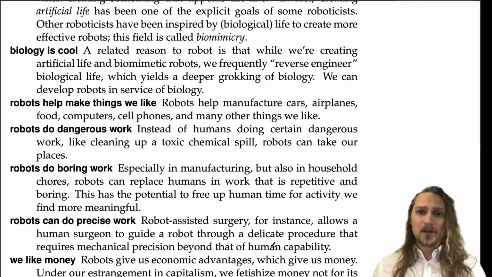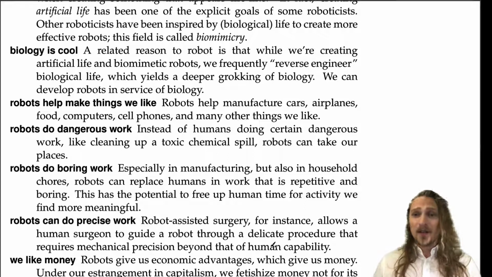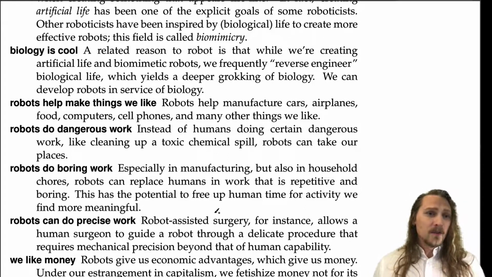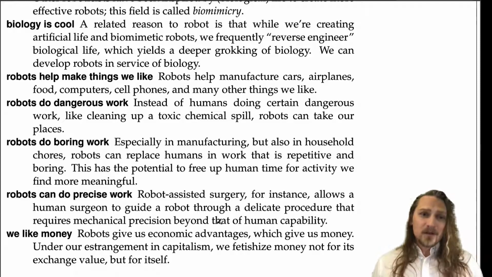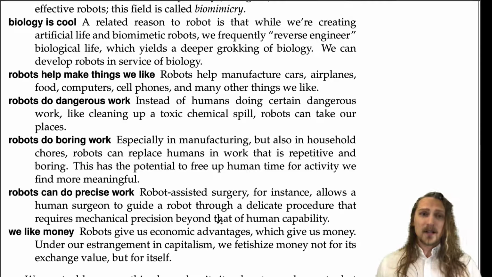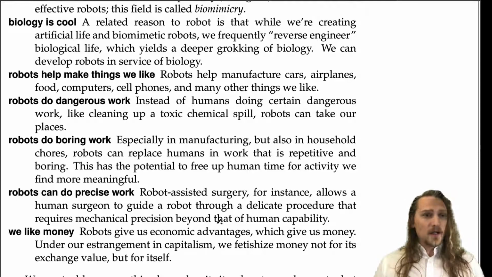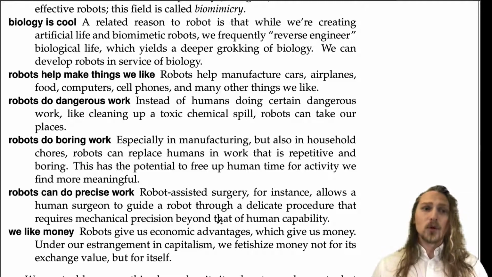Robots help make things we like. Robots help manufacture cars, airplanes, food, computers, cell phones, and many other things we like. So sometimes we like robots because of the things they help us make. Robots do dangerous work. Instead of humans doing certain dangerous work, like cleaning up a toxic chemical spill, robots can take our places, which is very, very nice. Robots can do boring work, especially in manufacturing, but also in household chores.